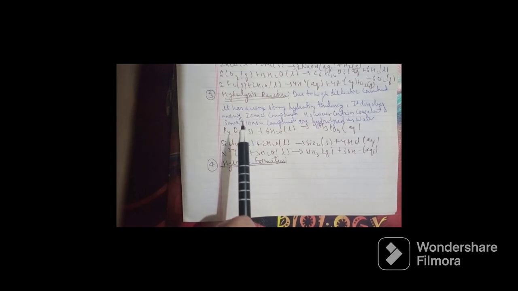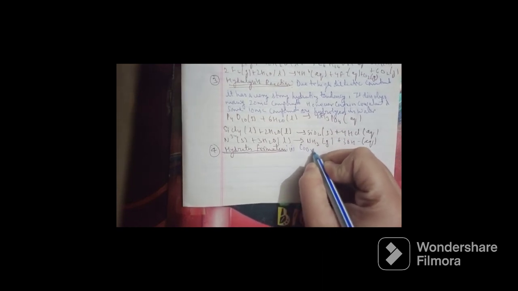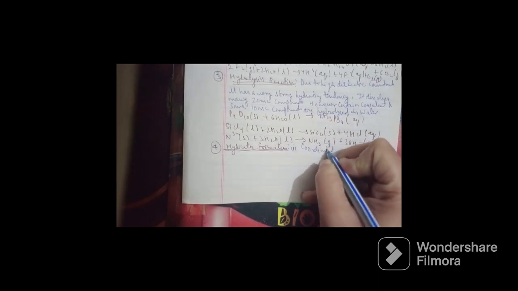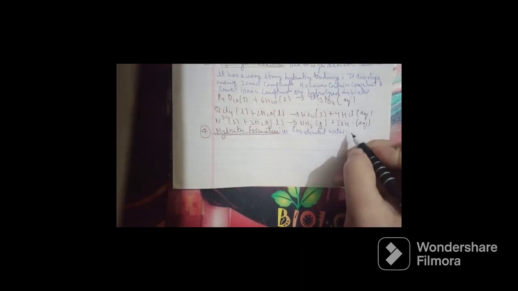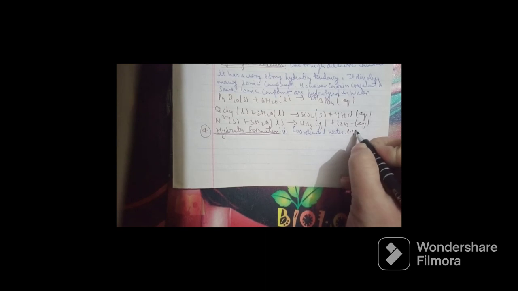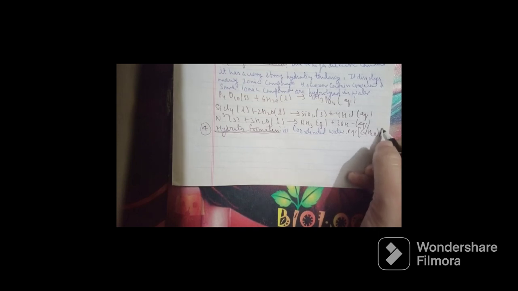First we have coordinated water, for example Cr(H2O)6 3 plus 3Cl minus.